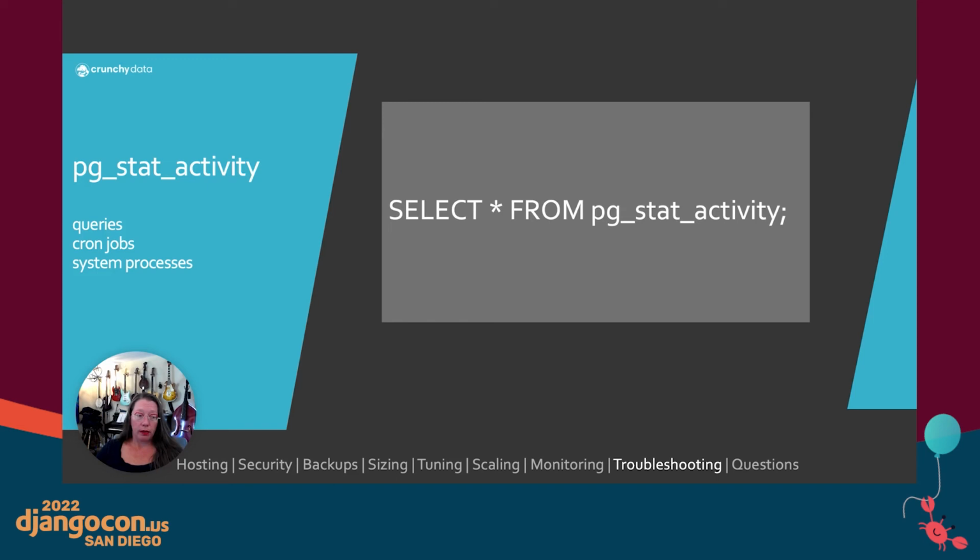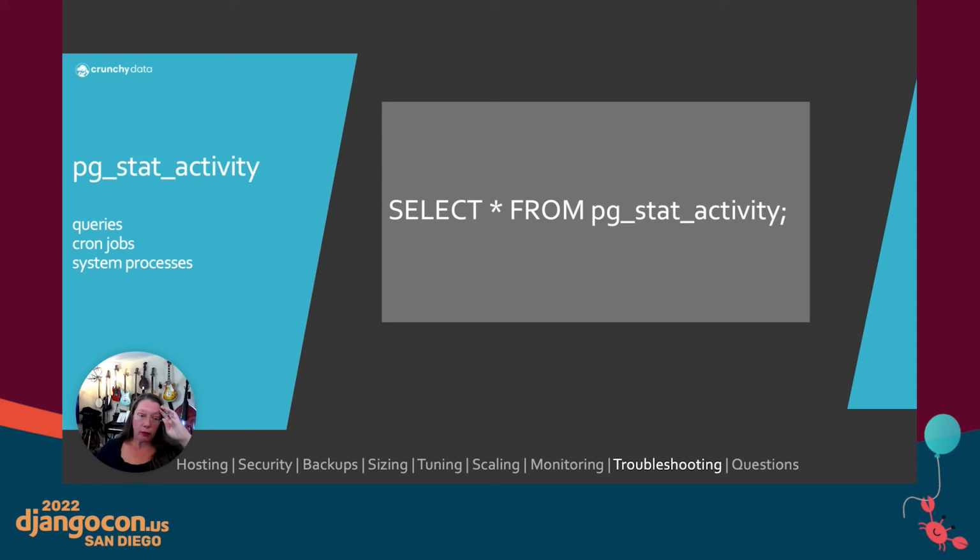PG stat activity is the activity view for what's going on inside Postgres. If you want to see what is running, the queries and the cron jobs and all the system processes, this is the place to do it. There's some other ways you can run it, but a select all will give you everything.